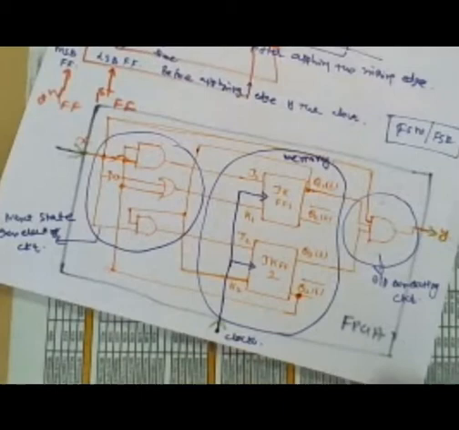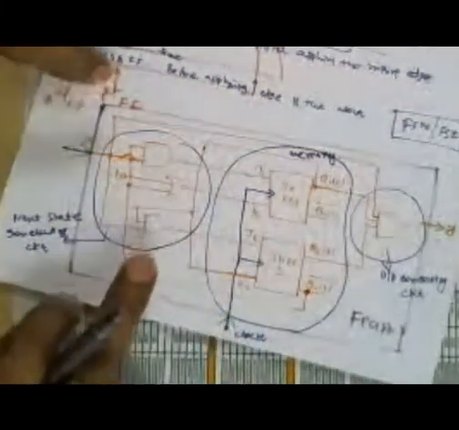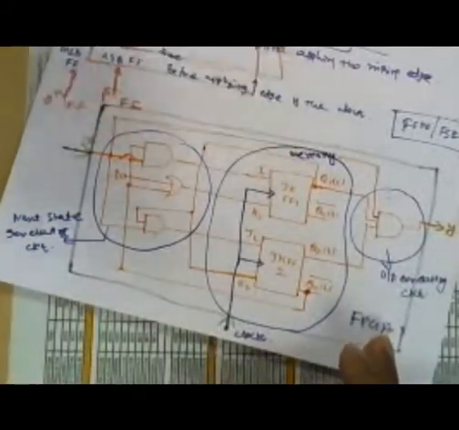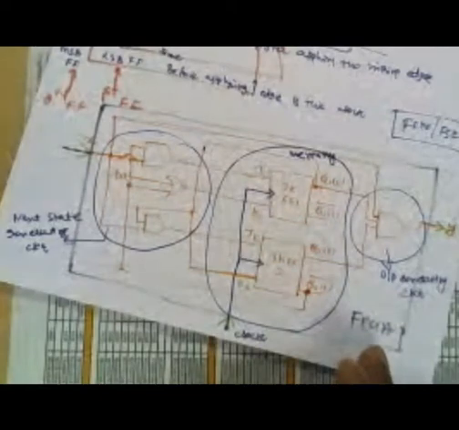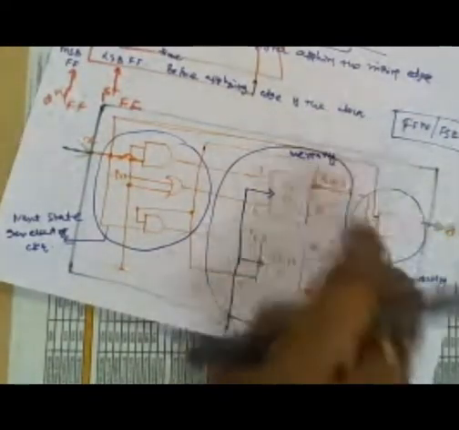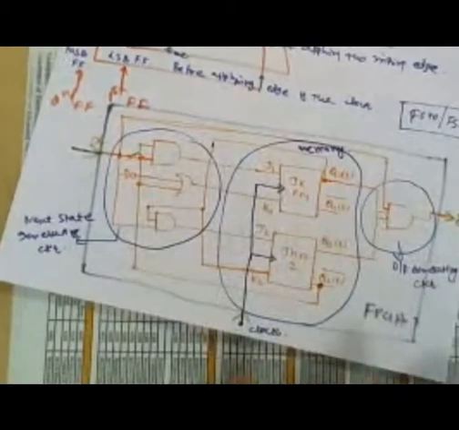Another one is the combinational circuit that will decide the next state of the memory, either the memory should retain the 1 or change the 1 into 0 or the 0 into 1, like that. Then one more output circuit that will generate the output. So these three stages are mandatory in any finite state machine now.